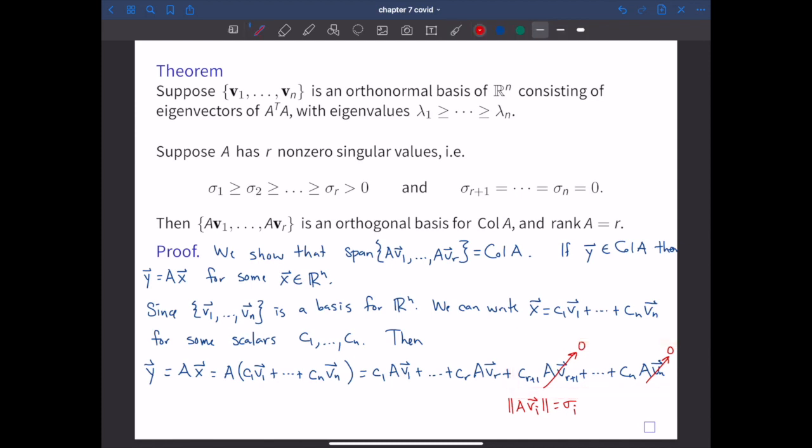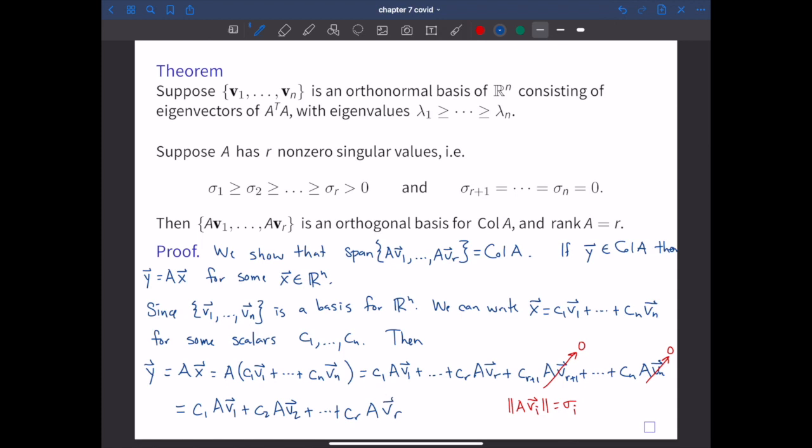And so what are we left with? What we're left with is just c1 times Av1 plus c2 times Av2 all the way up to cr times Avr.